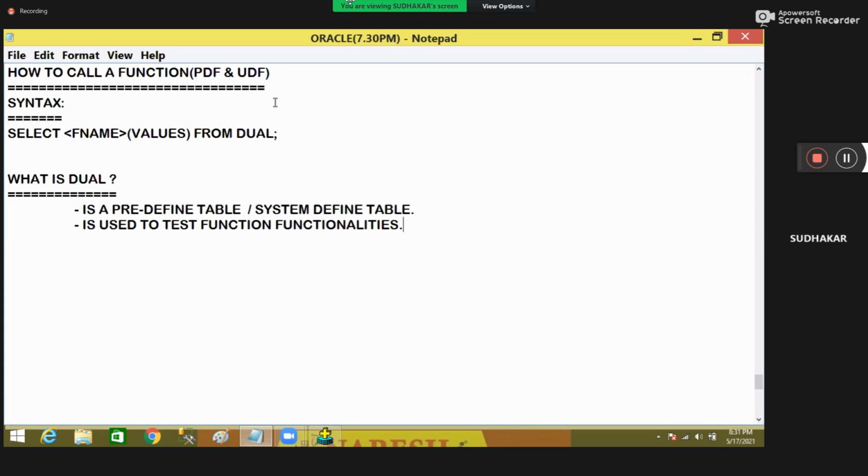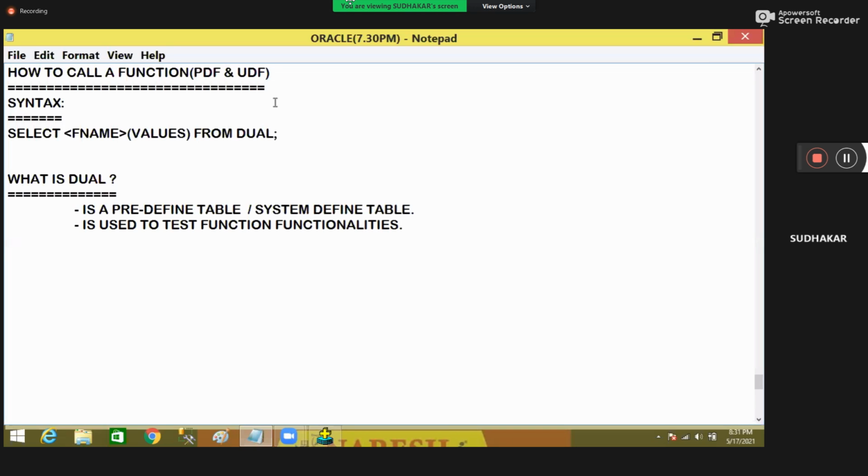Whenever you want to test your function, you should compulsorily take help from the dual table. With its help, users can test how a function will work.